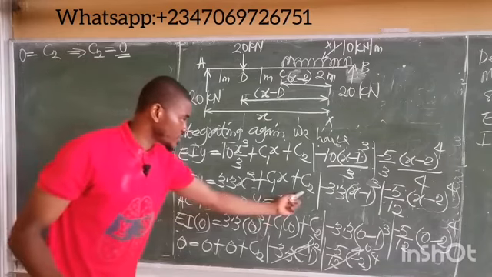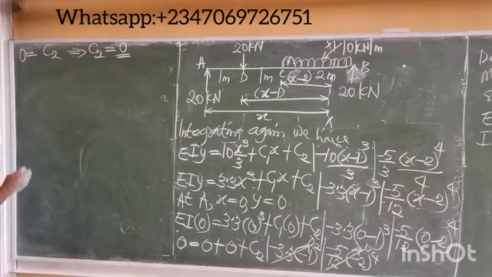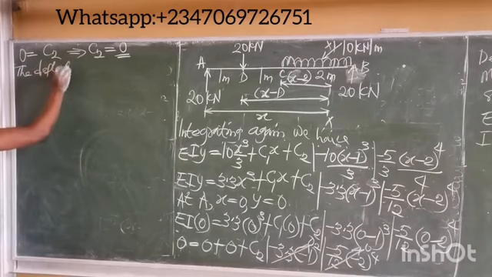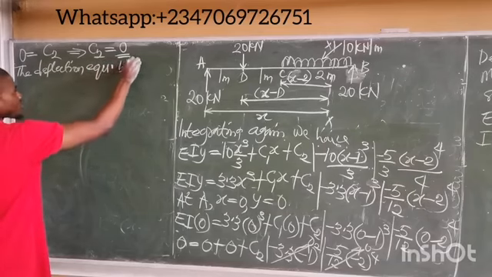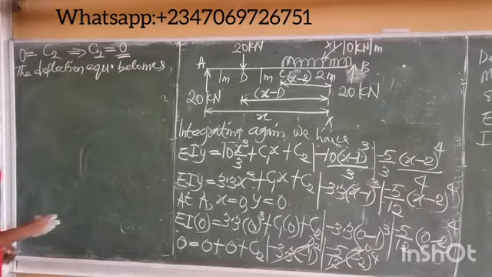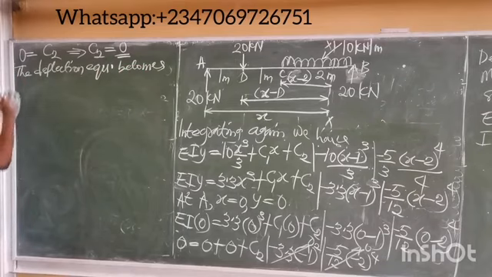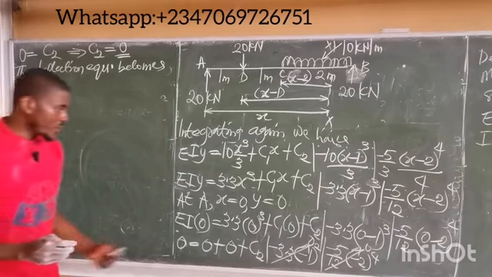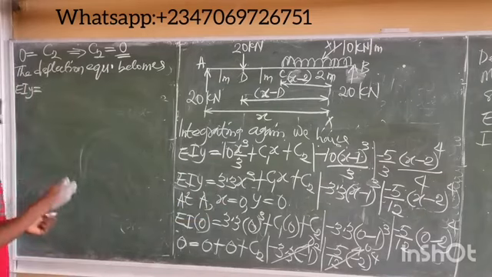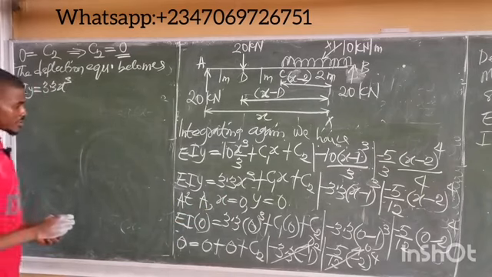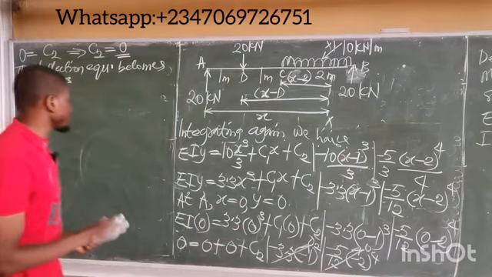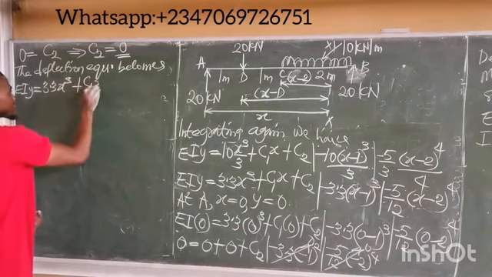Therefore, the deflection equation becomes EIY equal to 3.3 x cubed, plus C1x.